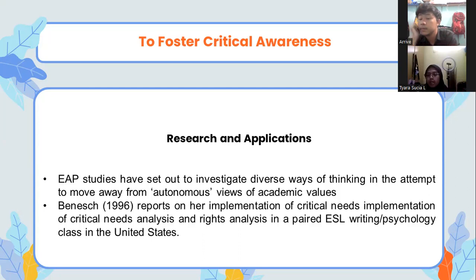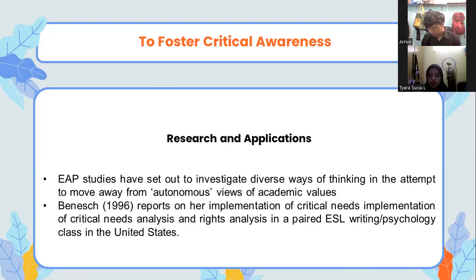So this led Benesch to provide conventional EAP support in the form of classroom reading skill activities and to try to improve the situation by arranging for the psychology professor to visit the EAP class for a discussion on one of the topics covered in the psychology curriculum. In addition, Benesch attempted to raise the students' social awareness and transform their perception of themselves.